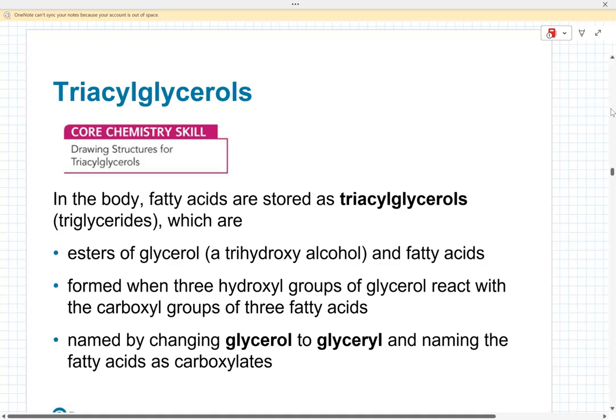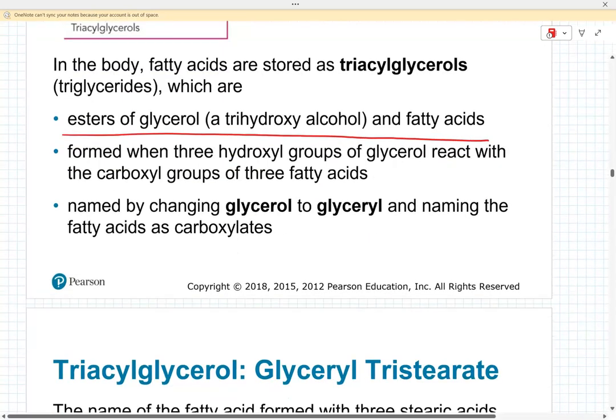Why? Because, as we mentioned, in oils fatty acids are unsaturated, and in butter they are saturated. However, we must remember that either oil or butter isn't just fatty acids. It is the esters of glycerol and fatty acid.